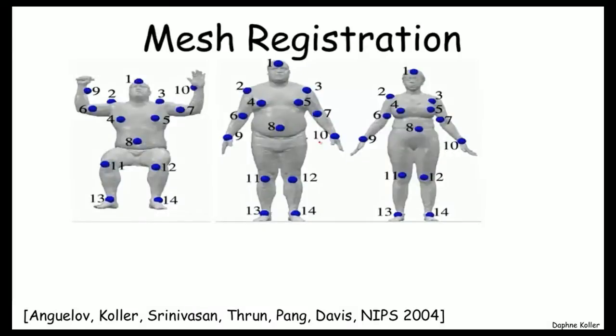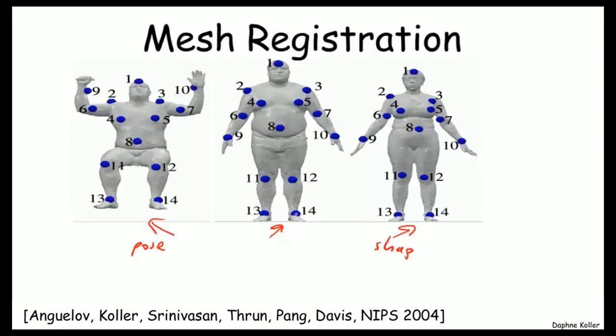A very different application for what is effectively the same kind of idea is if we have, say, a 3D mesh scan of an object such as a human being, and we'd like to figure out how points on this mesh match up to points on a somewhat related but different mesh, whether it's a different pose or different shape.